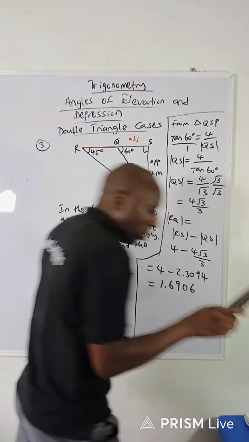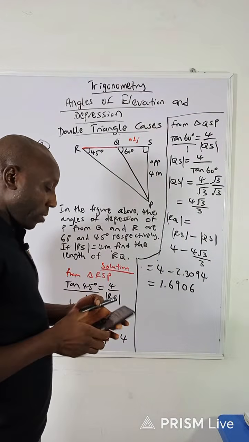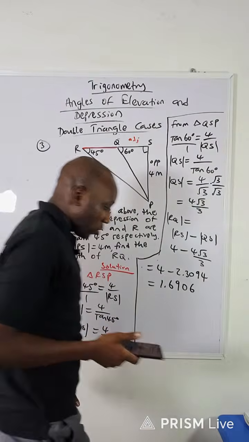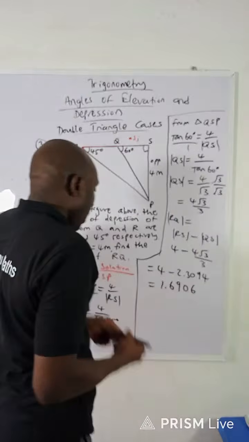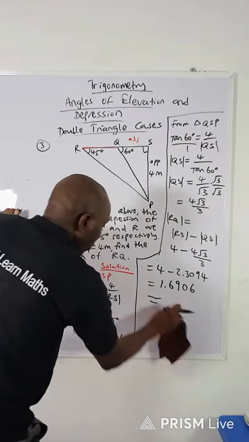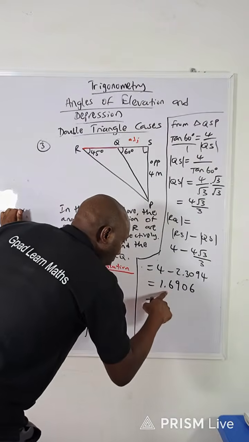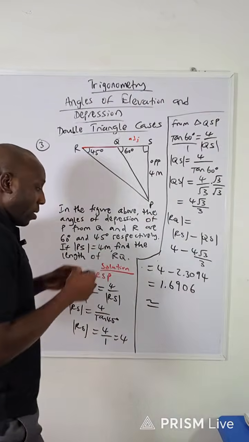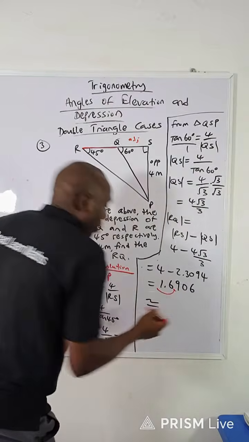But you said 1.7 or 1.6. Which one should we go with? So approximately, you were right with the first one you did. So one decimal place. See, 1.6906. Normally, your approximation is supposed to be from here to here, right?